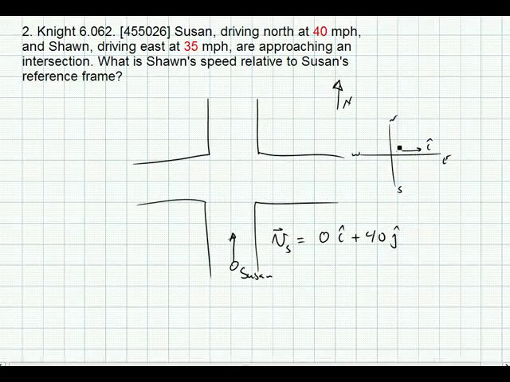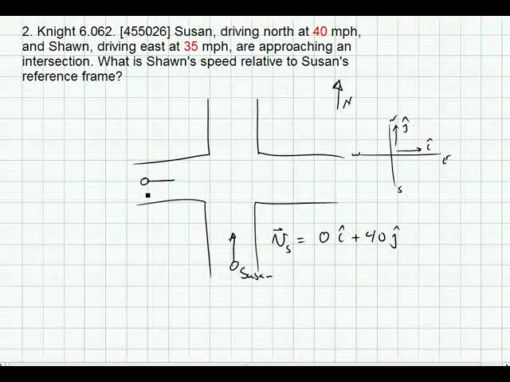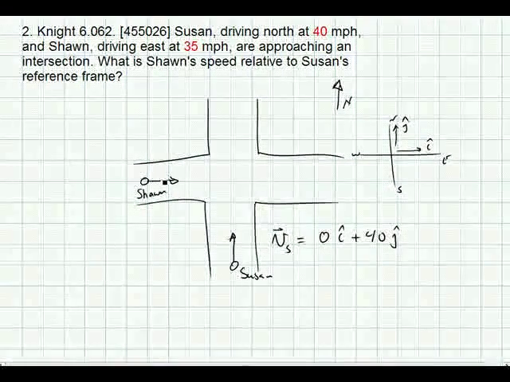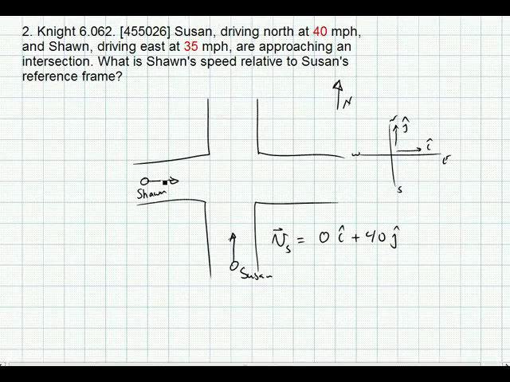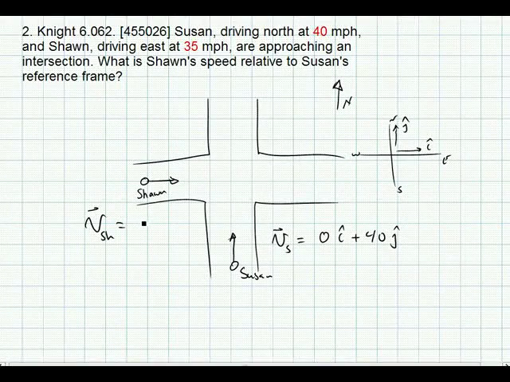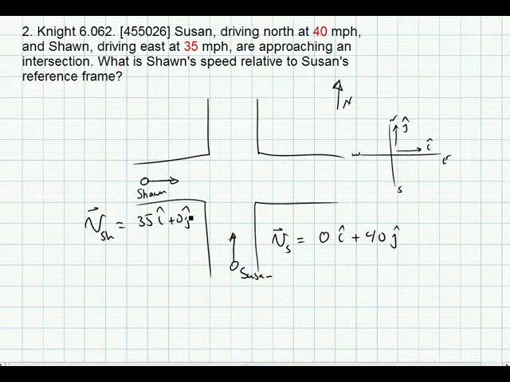So this is my i unit vector and this is my j unit vector. And then I have Sean driving east at 35 miles an hour. So Sean's velocity can be written as 35i plus 0j.